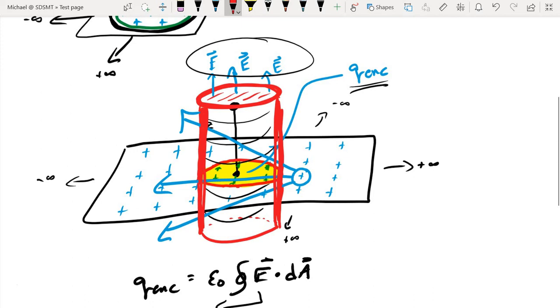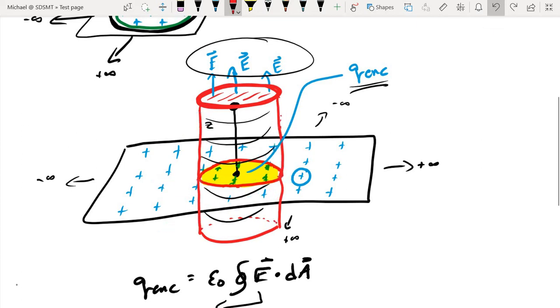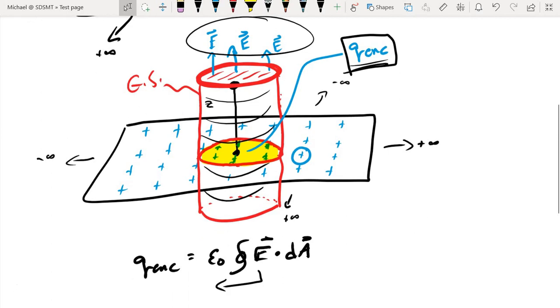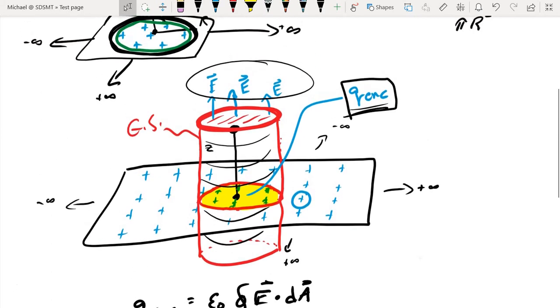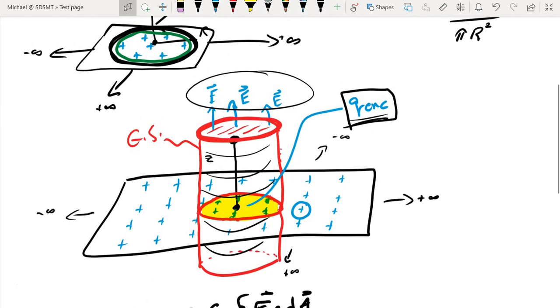The only charge in this system that is actually going to provide a non-zero flux is the charge that was just contained by our Gaussian surface. So this cylinder has become our Gaussian surface. We have contained some charge. How much charge did we contain?